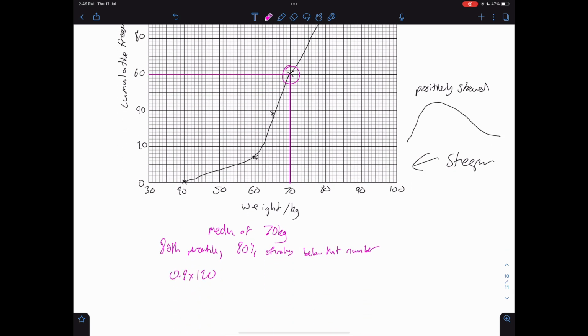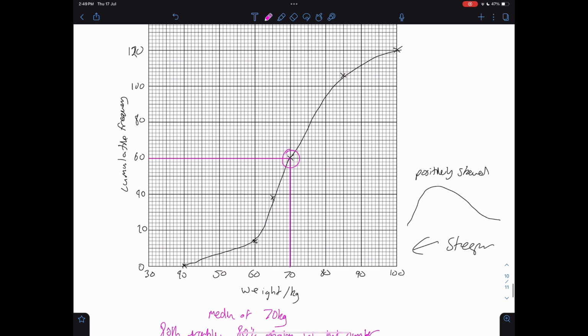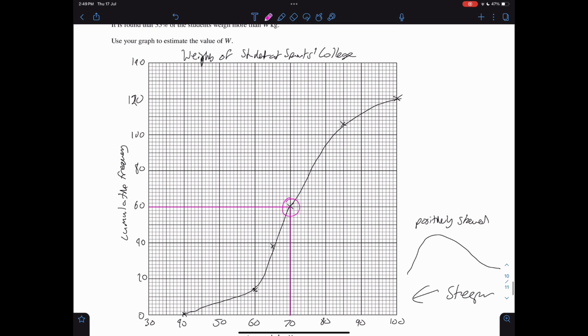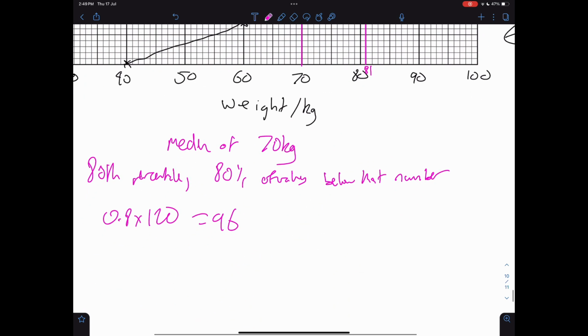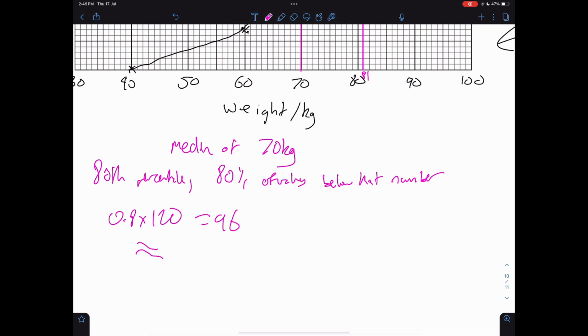So what we do is 0.8 multiplied by 120, which is equal to 96. So we'd go from 96, which is here, rule along, move downwards, and we get roughly 81. And once again, this is an estimate.